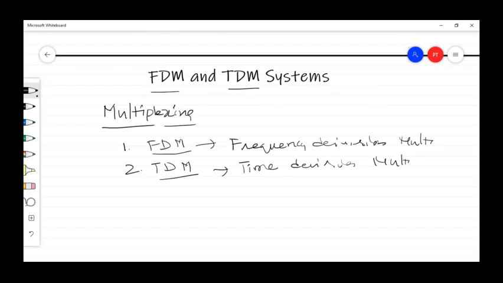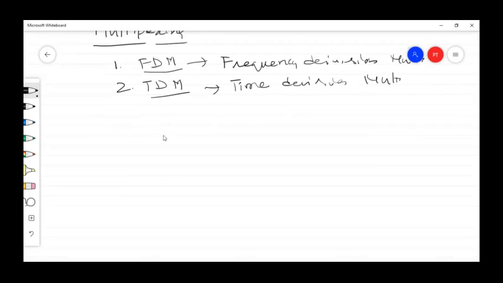Once again, let me say about this multiplexing. Multiplexing means sending a number of message signals on a common single channel. That can be done either on a frequency division basis or a time division basis, frequency sharing basis or time sharing basis. So now let us talk a little bit more about FDM.